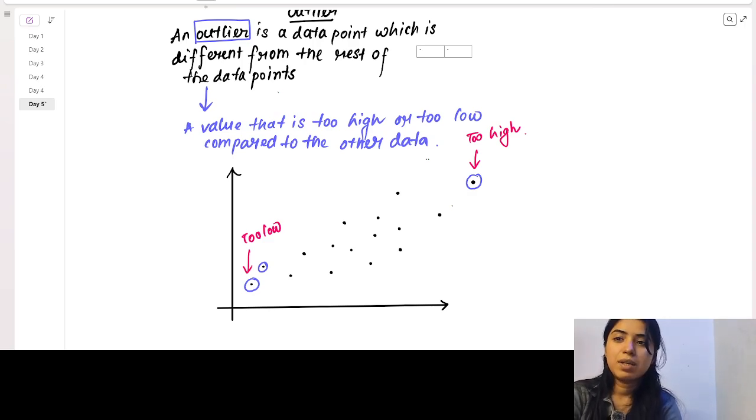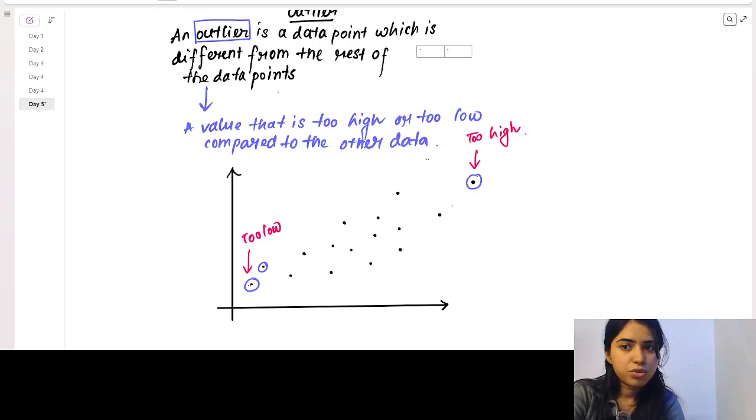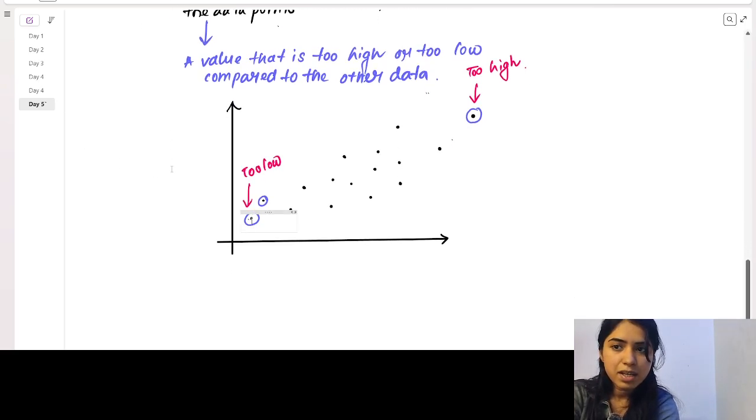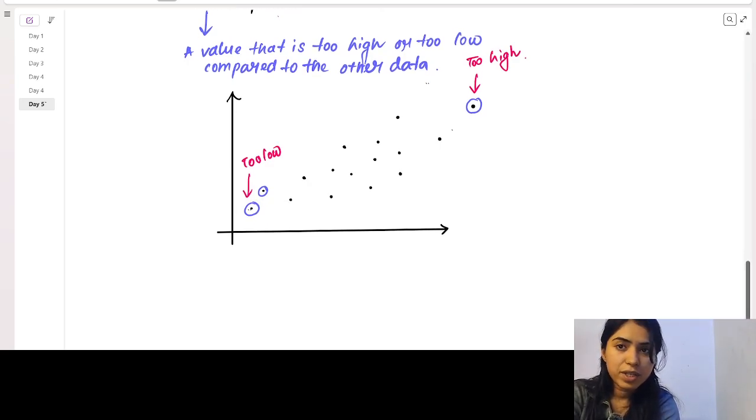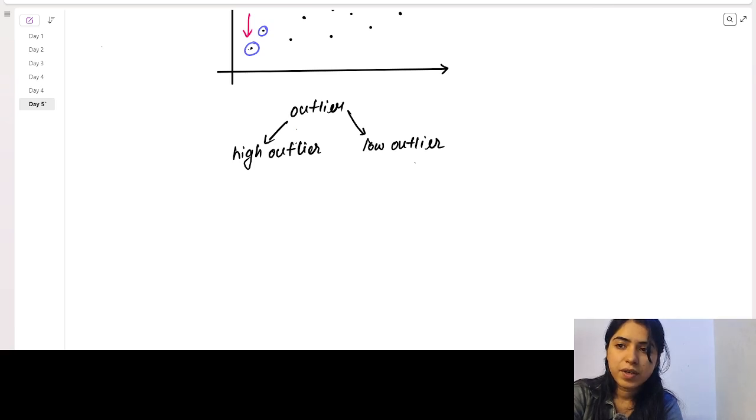Outliers can be classified based on these values. If the value is too high, it is called a high outlier, and if the value is too low, it is considered a low outlier. This is how you can classify them.